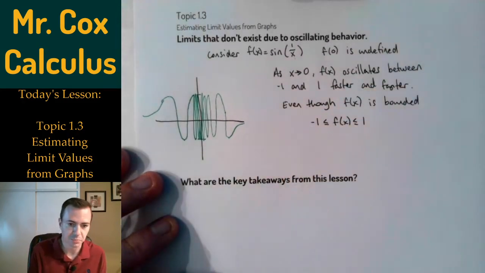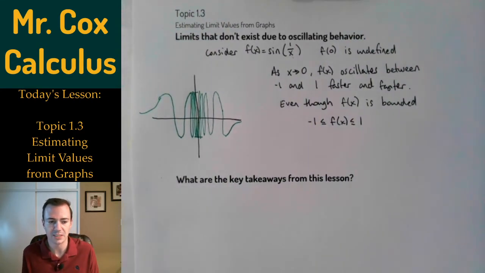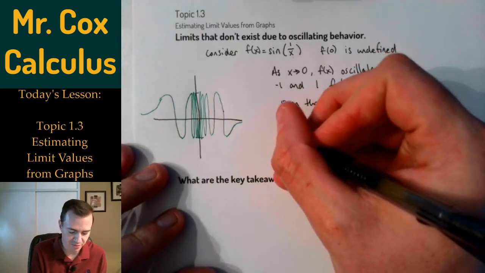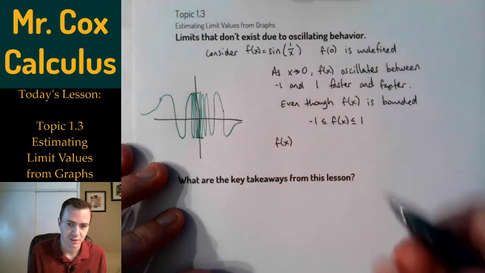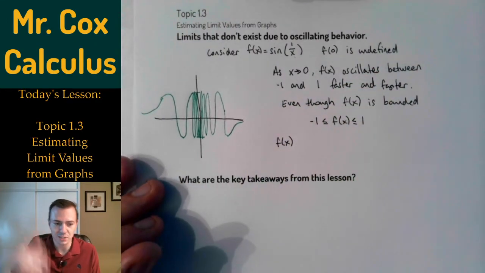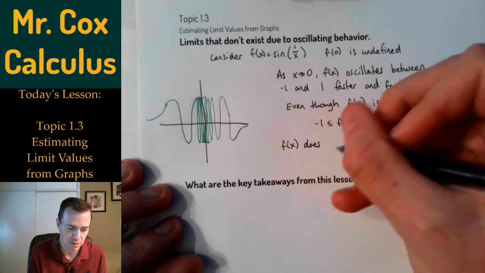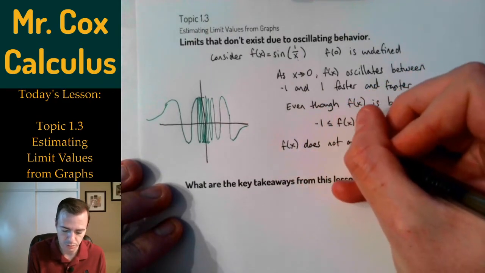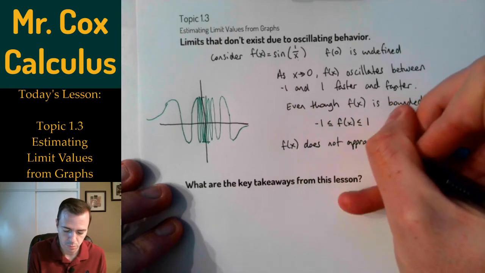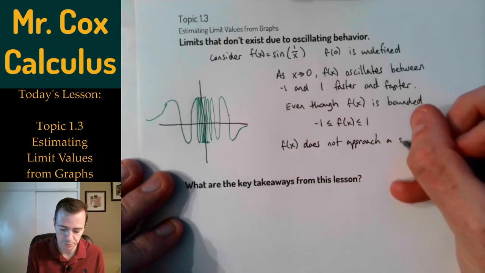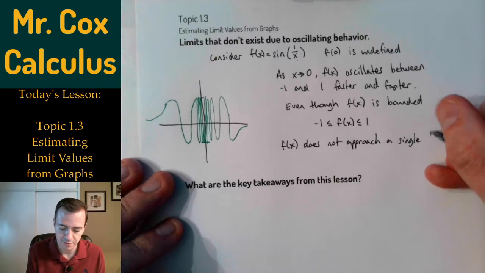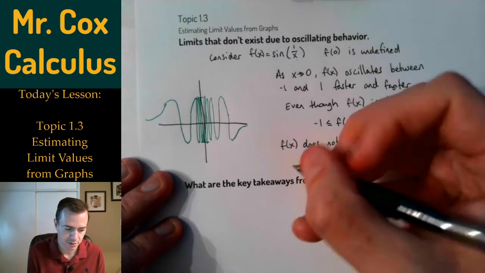However, by definition, in order for the limit to exist, we have to be able to say it approaches a singular finite number. So f of x, again, the more you zoom in, the more it just bounces back and forth between -1 and +1. So f of x does not approach a single finite number.